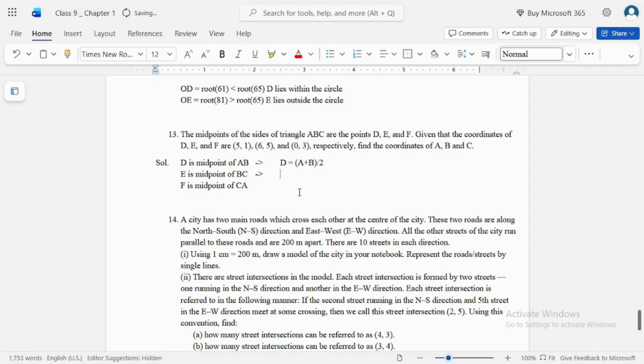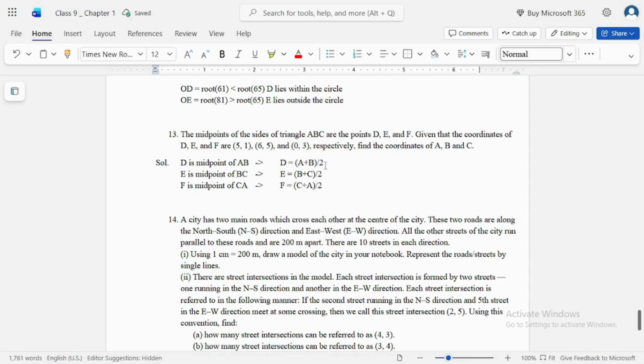Similarly, in the same way, E equals B plus C divided by 2. And the same way, F equals C plus A divided by 2.